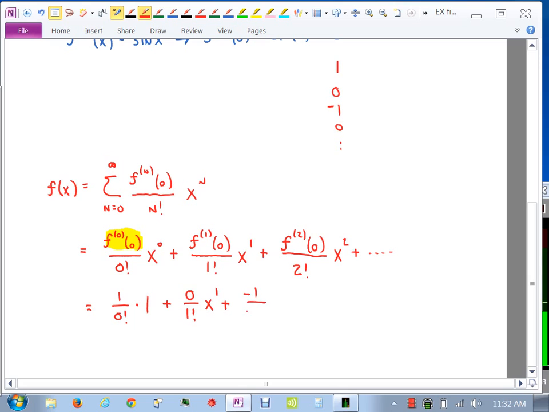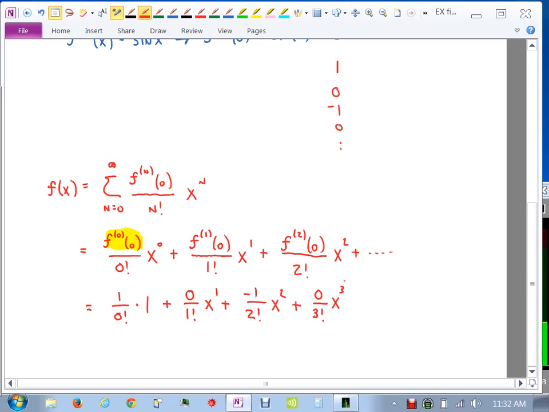Negative 1 over 2 factorial, x squared. Now, I'm going to have 0 for my next one, so 0 over 3 factorial, x cubed.